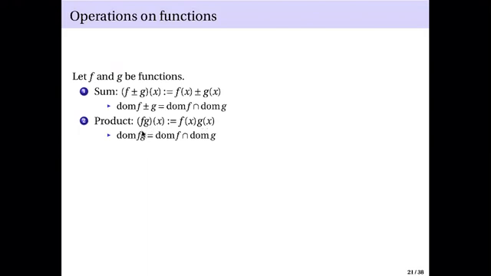And again, if we want to find the domain of the product fg, we just get the intersection of the domain of f and the domain of g. So those that are defined, so you get all x's that are defined on both f and g. Questions so far?